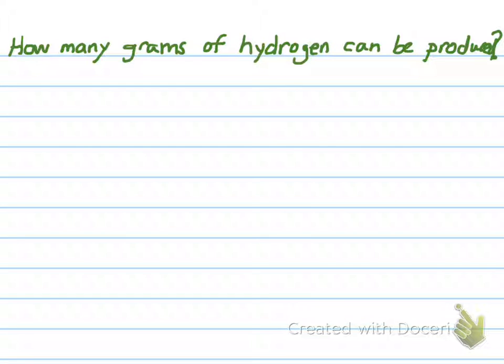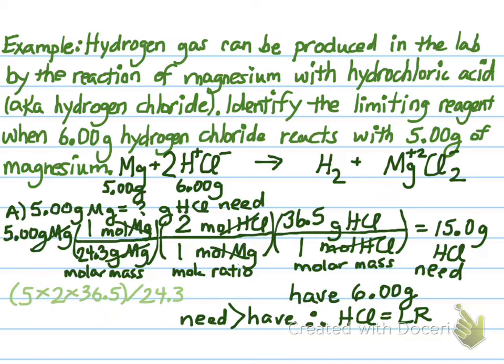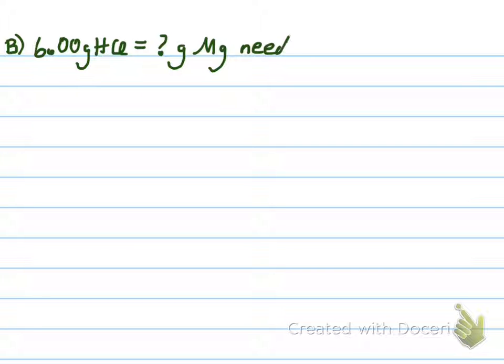Again, let's look at option B. Option B was that I could start with my 6 grams of hydrogen chloride and figure out how many grams of magnesium I need.